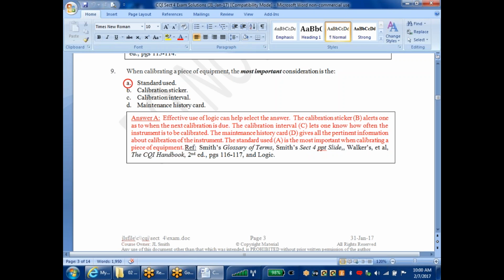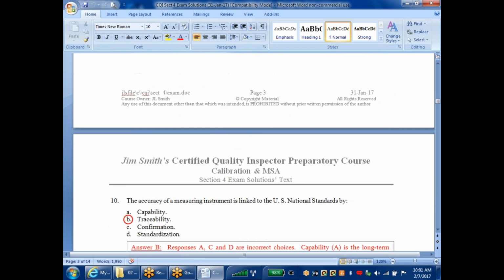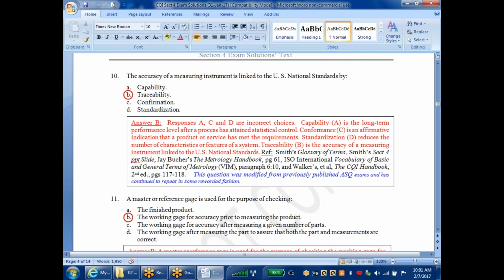Certainly a calibration interval is important. Certainly a maintenance history card, so we know the history of that particular gauge. That's good. But the standard used is really the most important consideration when it comes to calibration. Which standard are you going to use?